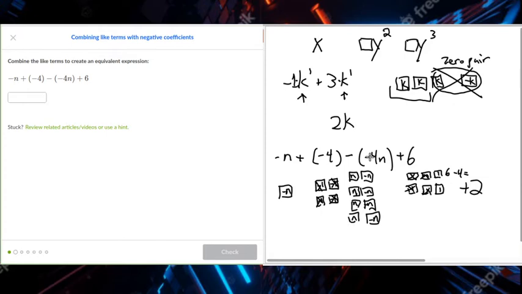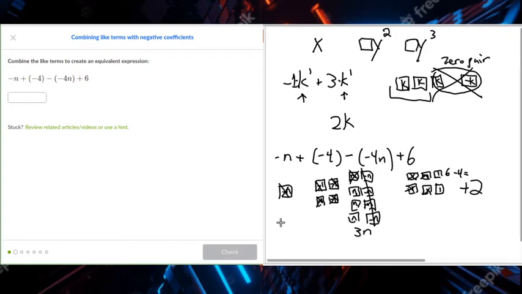So I'm going to subtract the negative 4n, so now I can subtract those out, and I have these left over. And then I can see that these are 0 pairs, so this becomes 3n. There are 3 n's.